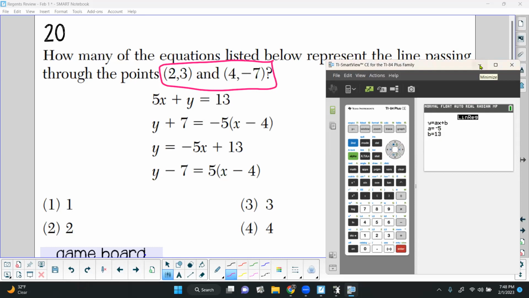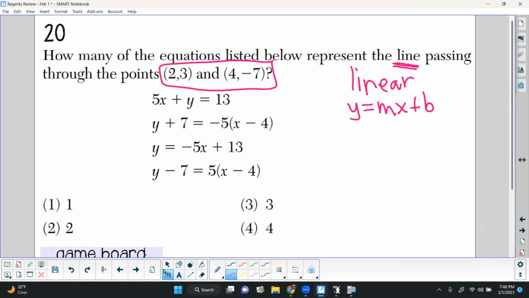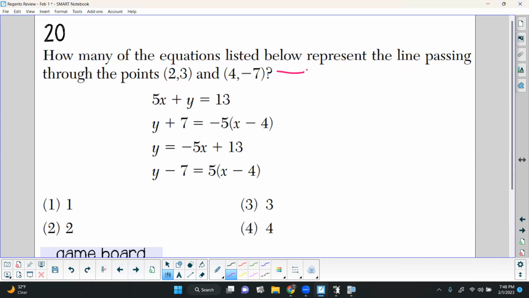So if you don't have a calculator at home, or if you do, this is what you should have done. Y equals -5x plus 13. Now I need you to manipulate these 4 to see if any of them, when manipulated, would match your line, right? That's how you find a line.